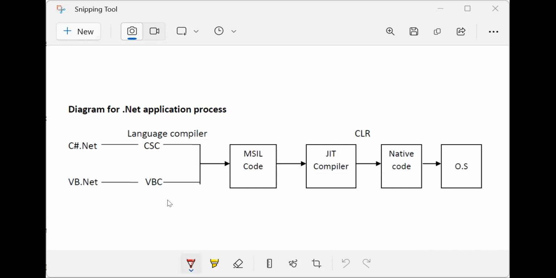JIT is just in time. It immediately sends native code to the OS to make it understandable from an operating system perspective. Whatever you write using the libraries, when you run the application, ultimately the OS has to take it, right?